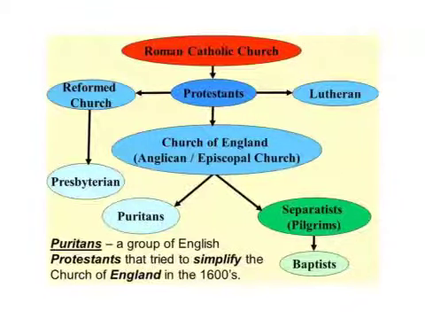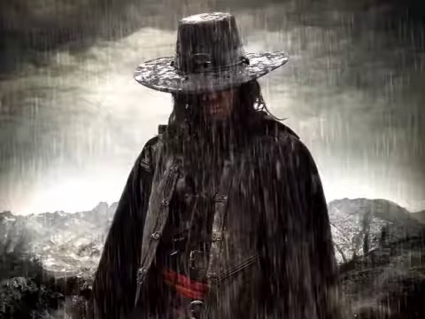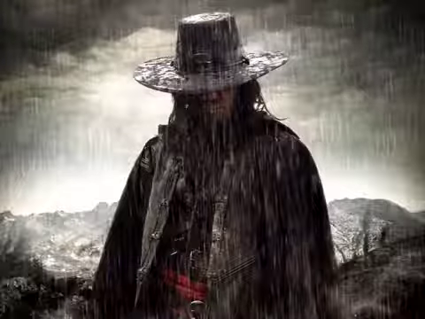The elect, after all, were the ones who were supposedly going to heaven. So they wanted to purify the Church of England, getting rid of the Catholic practices and getting rid of the damned. Some of those Puritans didn't feel like this was happening quickly enough, and so they separated themselves from the Church of England. And some of those separatists eventually came to be known as the Pilgrims.